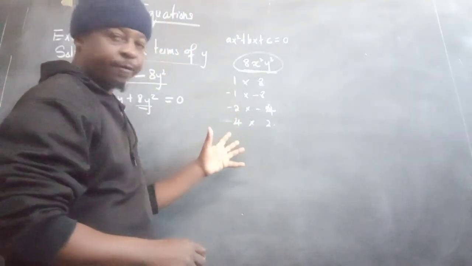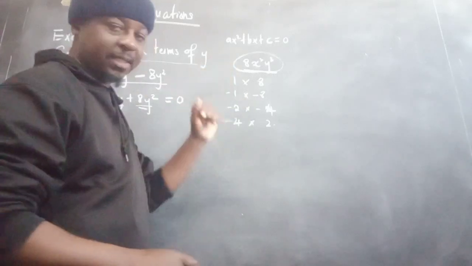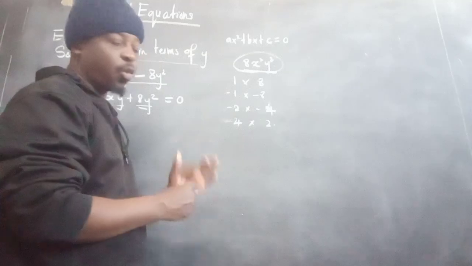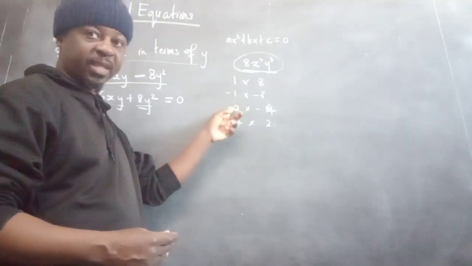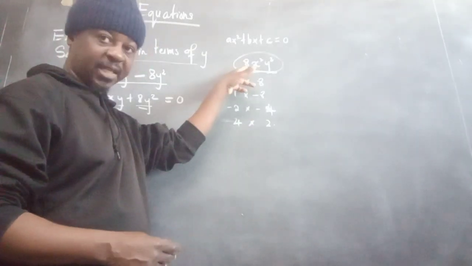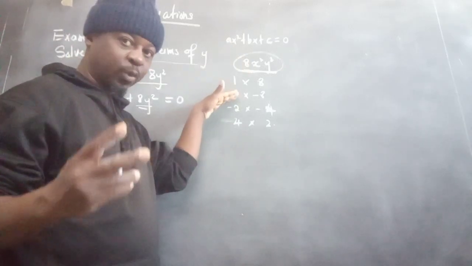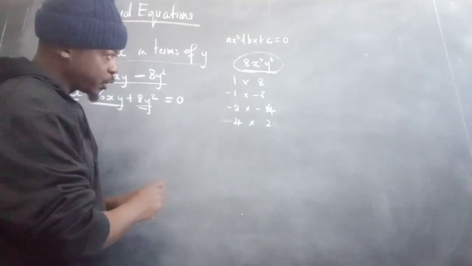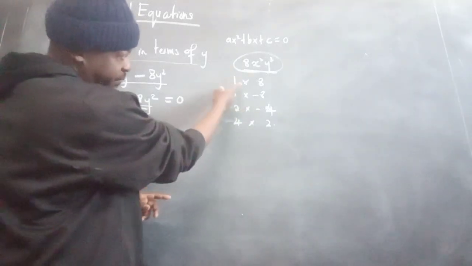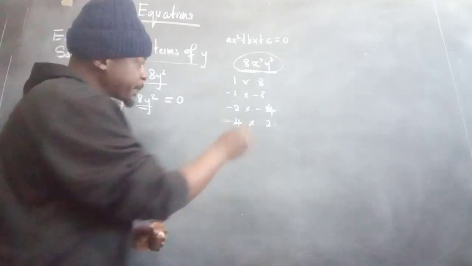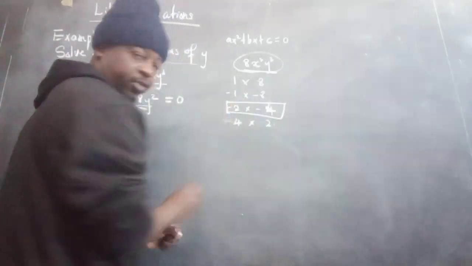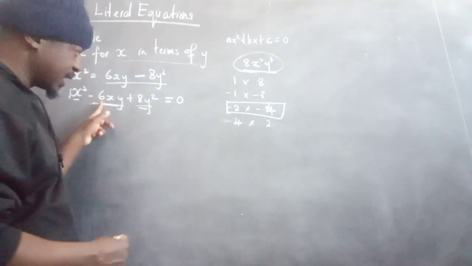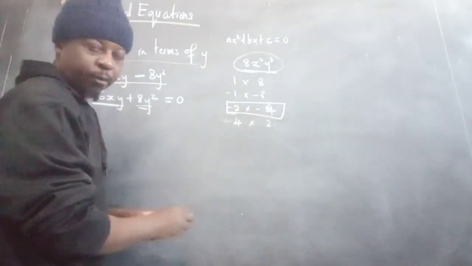All these are factors of 8, but we need two factors which, when we multiply them, give us positive 8, but when we add, give us the number in the middle here. From this expression, I can see that these two are the factors that we want. When we add, they give us a negative 6: negative 2 and negative 4.